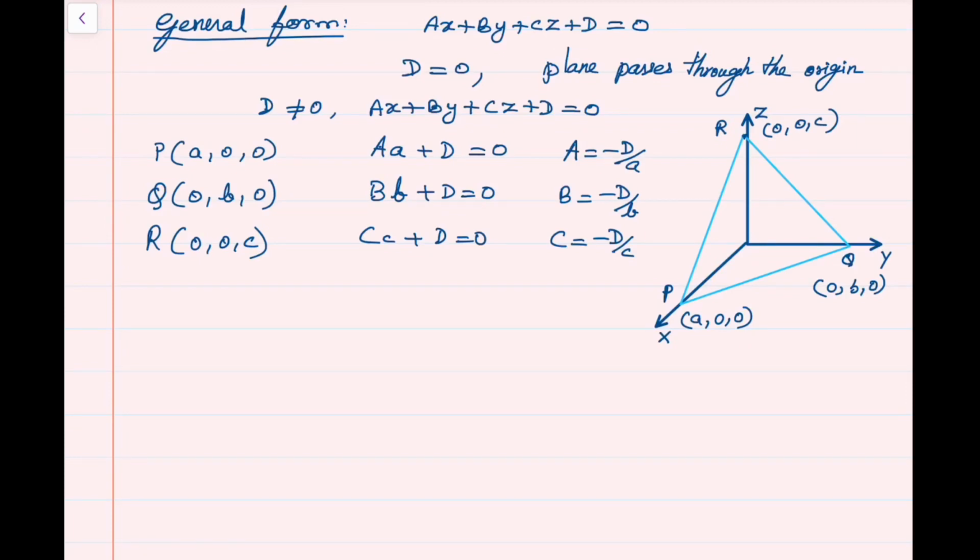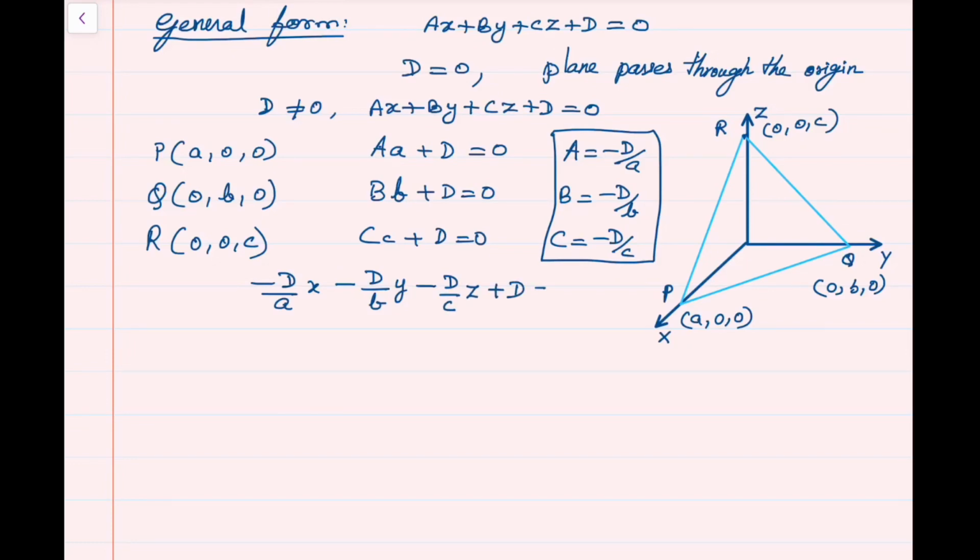Let us substitute all these three values of a, b, c in the plane equation. We get minus d by a x minus d by b y minus d by c z plus d equal to 0.